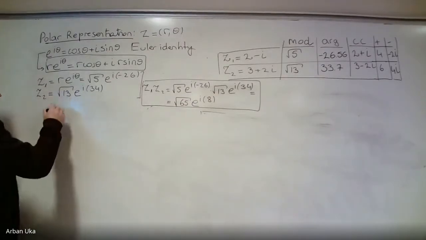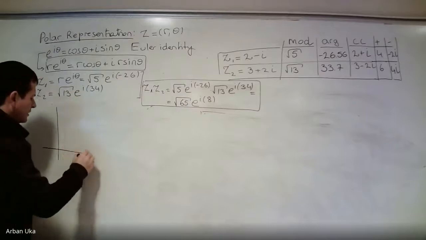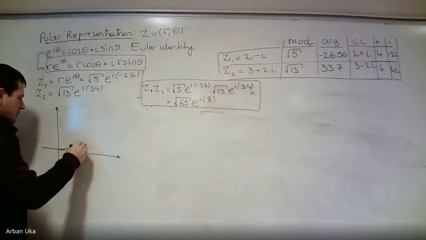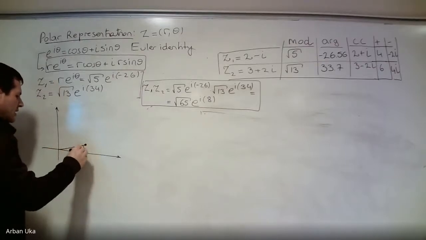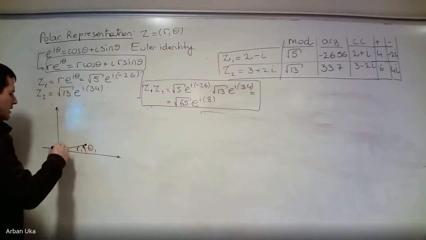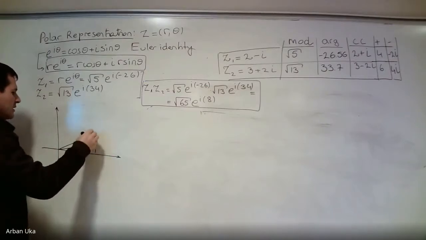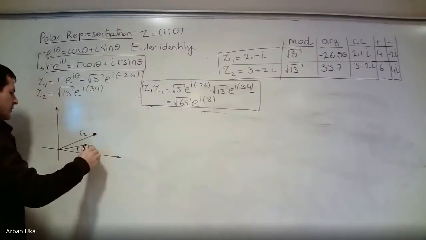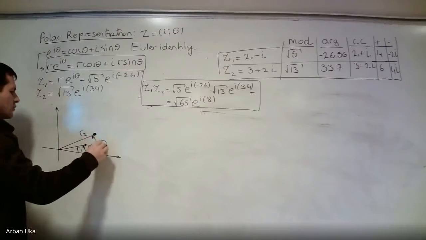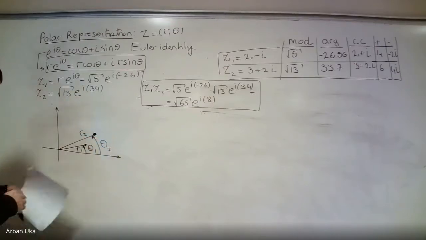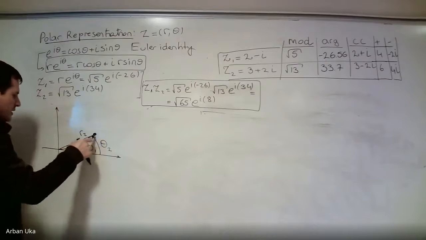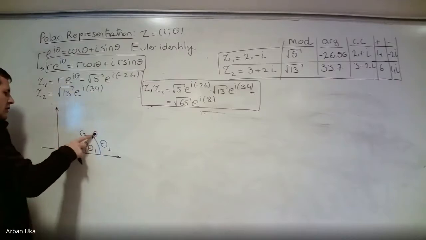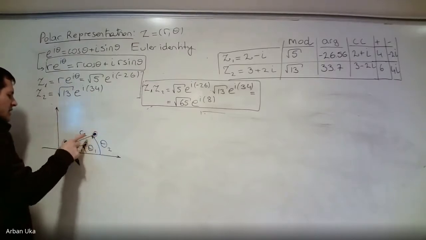So if we are to multiply two complex numbers, what would the first complex number be? It's going to have a radius r1 and an angle theta 1. And then we can have another point here, which has length r2 and angle theta 2. So what is the product of these two numbers? The product is equal to the product of the lengths, so it is r1 times r2.